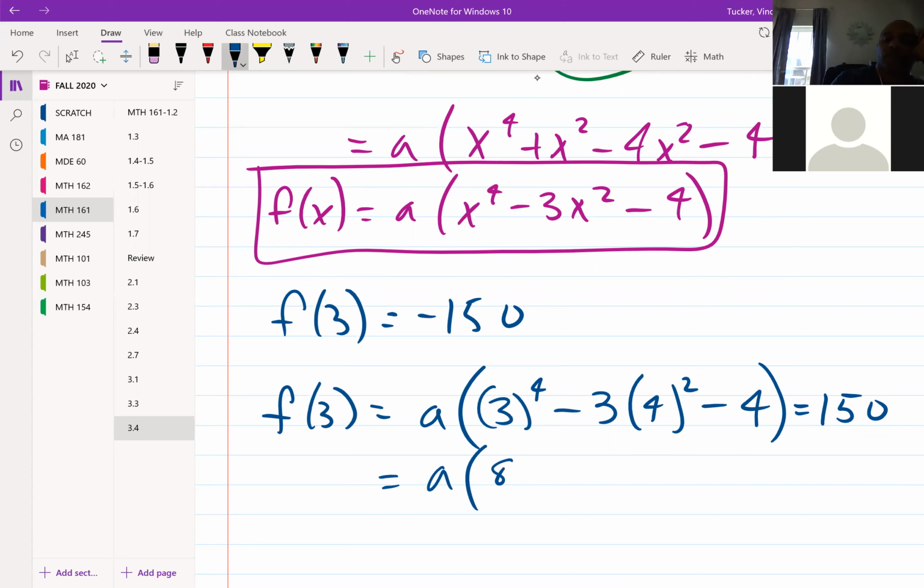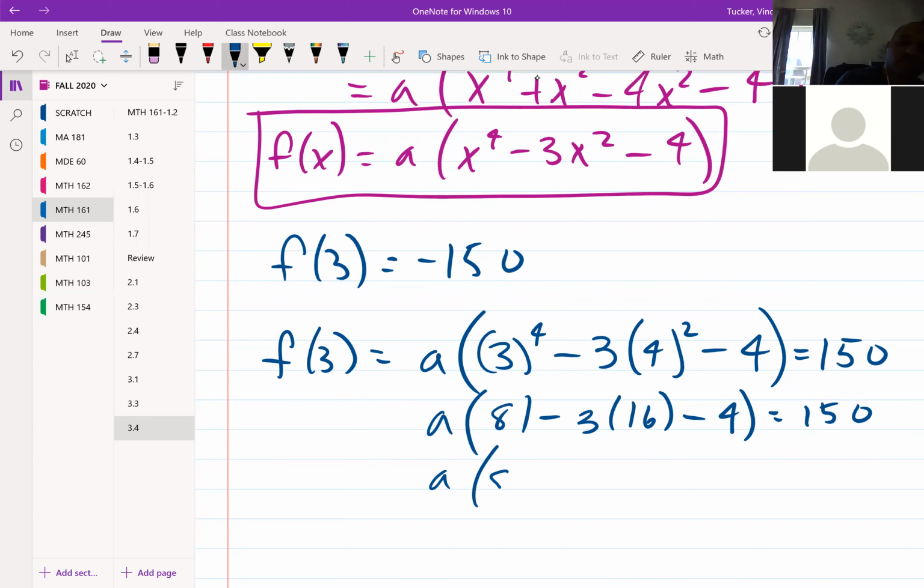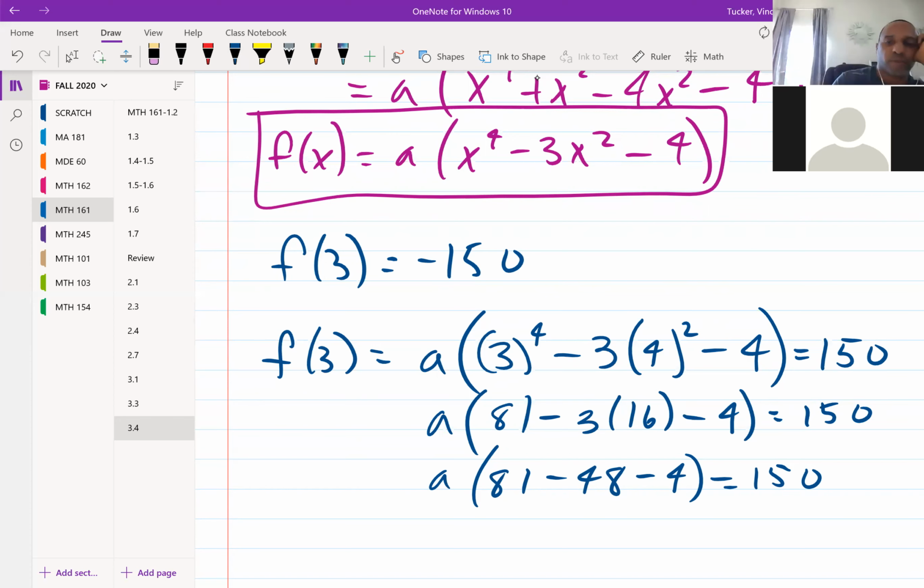So 3 to the 4th is 81. Oh, why do I have a 4 right here? Y'all, let me put a 3 right here. It's supposed to be a 3.